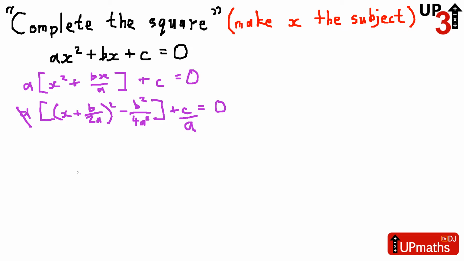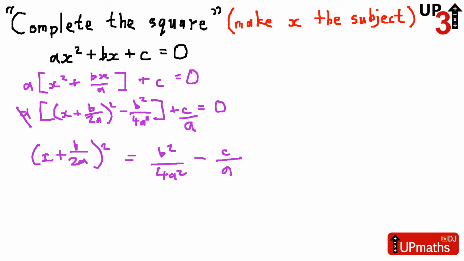Right, so what I could do now is move some things over to the right hand side. X plus b over 2a squared equals b squared over 4a squared minus c over a. That stays the same, that stays the same.